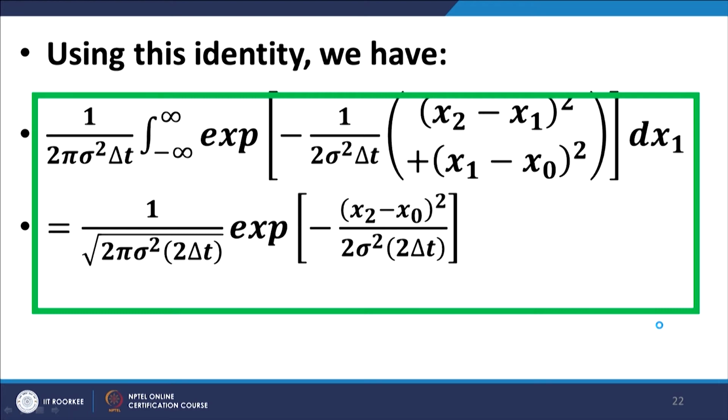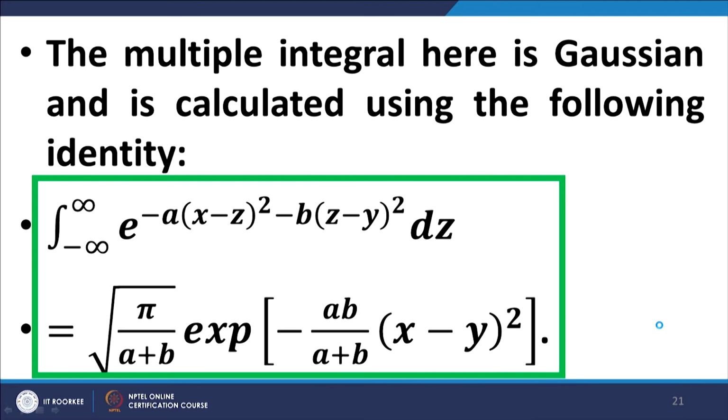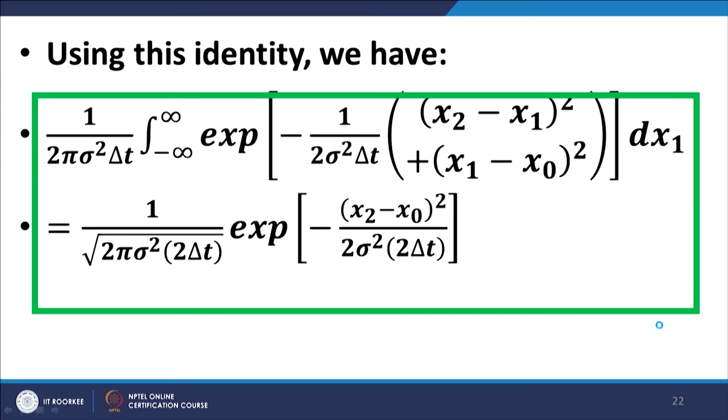this expression. If we pick up the two terms x2 minus x1 square plus x1 minus x0 square on the left hand side, if I take x as x2 and z as x1 and y as x0, and a and b both as 1 upon 2 sigma square delta t, and simplify the expressions, what I get is the result that is here in the green box.